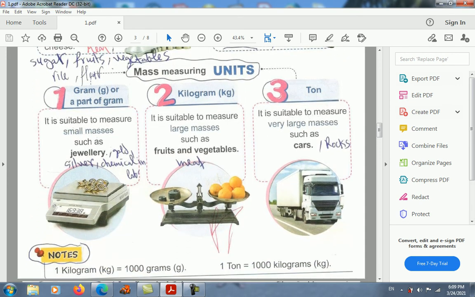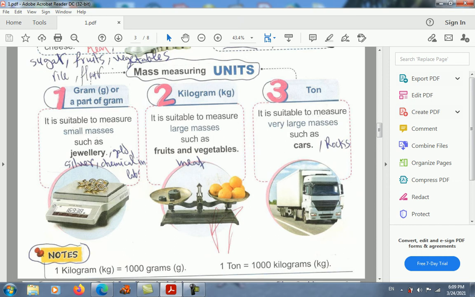So, what about mass measuring units? Mass measuring units have three units. Number one, gram or g, or a part of a gram. It's suitable to measure small masses such as jewelry. Number two, kilogram or kg.